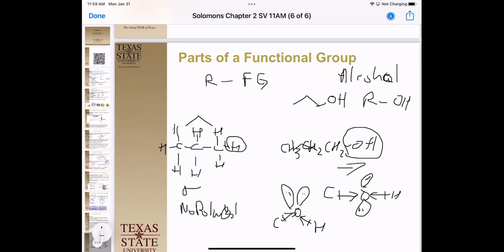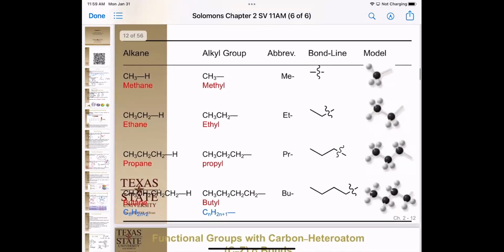So let me go ahead and start with a few of the common R groups we're going to see. The R groups are just the alkane substituents we'll see commonly, and you'll see these written in a couple different ways. I have the name and the condensed structure as well as the line bond drawn.